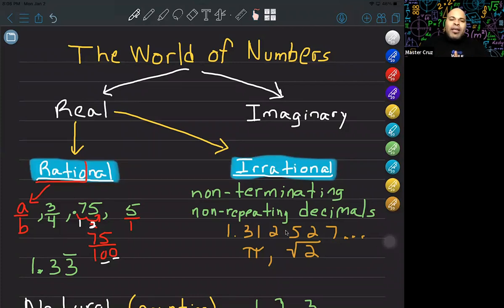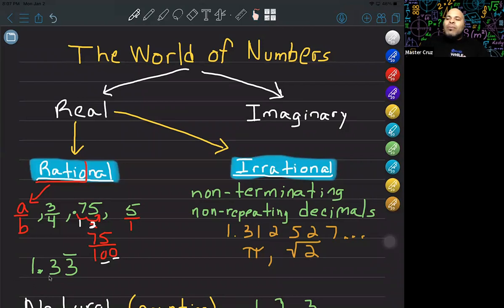Nothing is repeating. This is irrational. The famous number pi, right? Pi is a symbol that we use to represent 3.14159... It keeps going forever. It's an irrational number. It's a non-terminating decimal. If you go to your calculator and you type in the square root of 2, you will also get an irrational number because that number does not repeat and it keeps going forever.